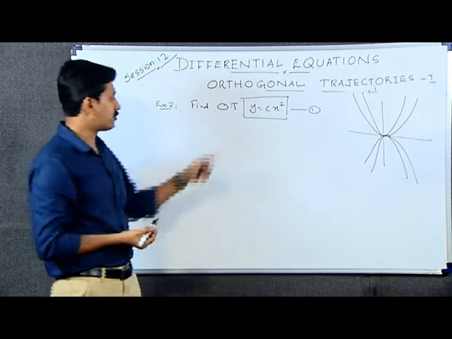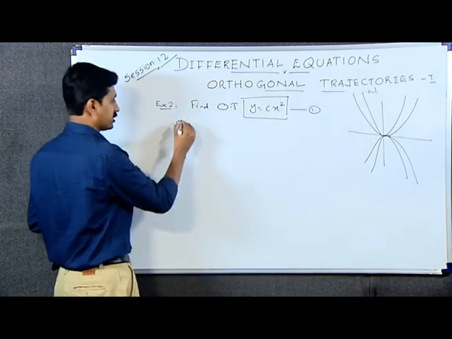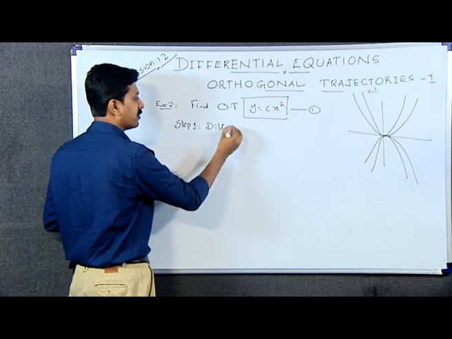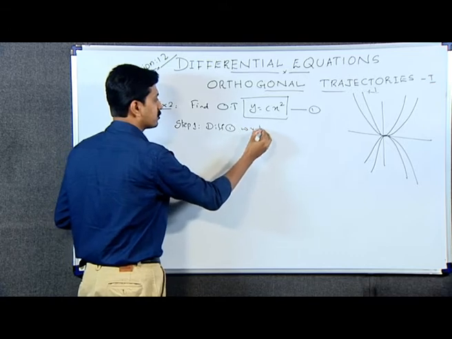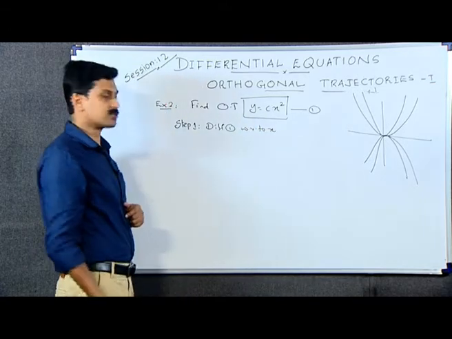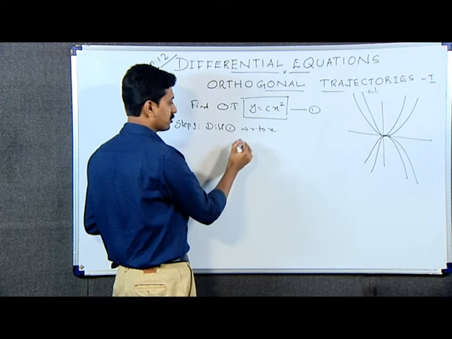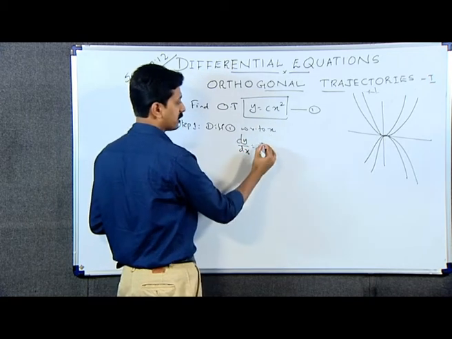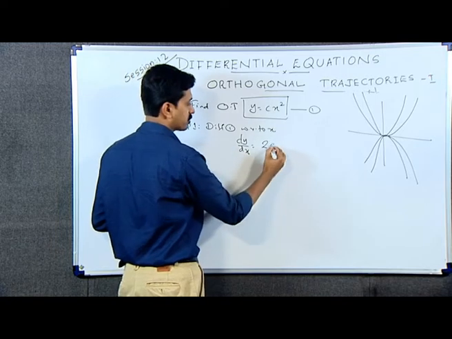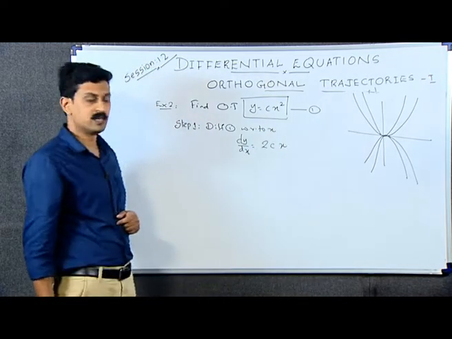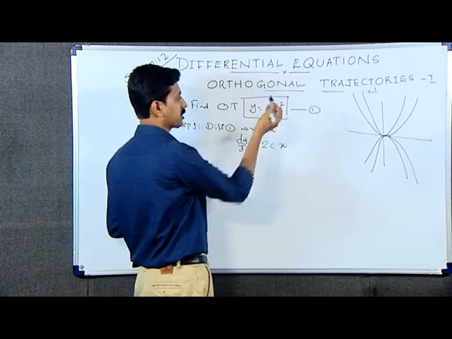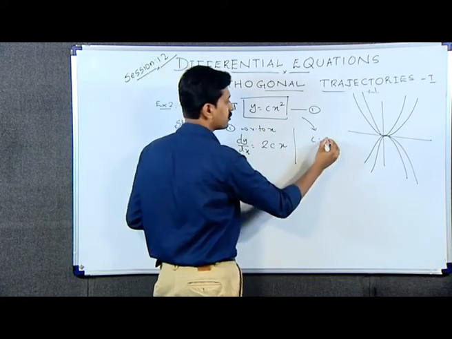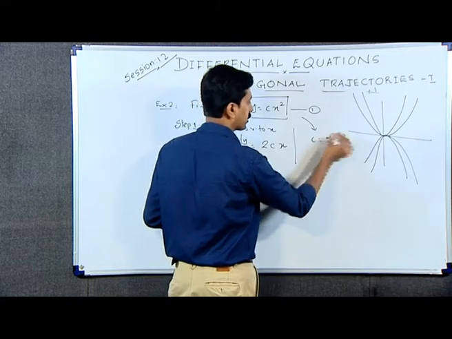As we did earlier, what will we do in step 1? We differentiate 1 with respect to x. So, we will have dy by dx is equal to 2cx. Now, this is the differential equation corresponding to 1. From 1, we have the value of c is equal to y by x square.